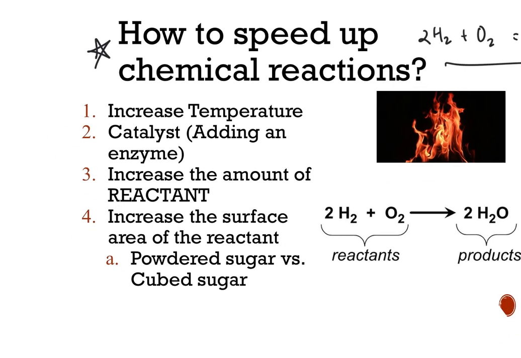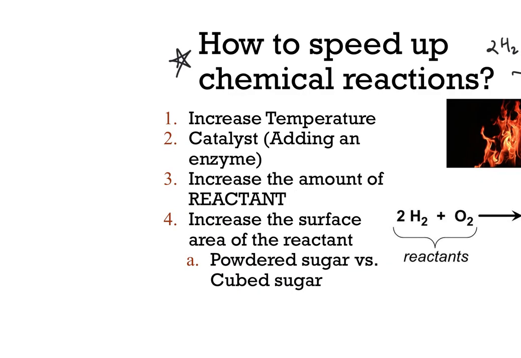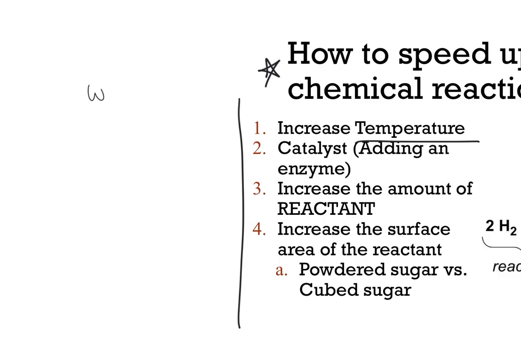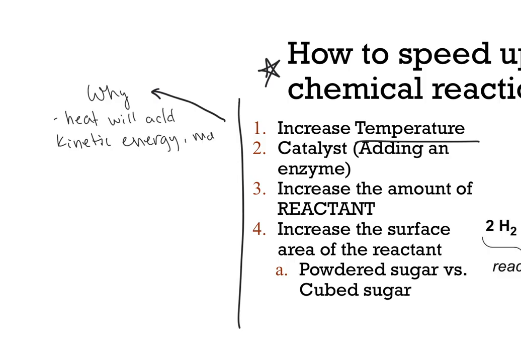So, what are some ways we can speed up chemical reactions? Well, increase the temperature. Now, let's ask the question why. Why would increasing the temperature increase the chemical reactions? Well, temperature or heat will add kinetic energy, making it easier for the reaction to occur.